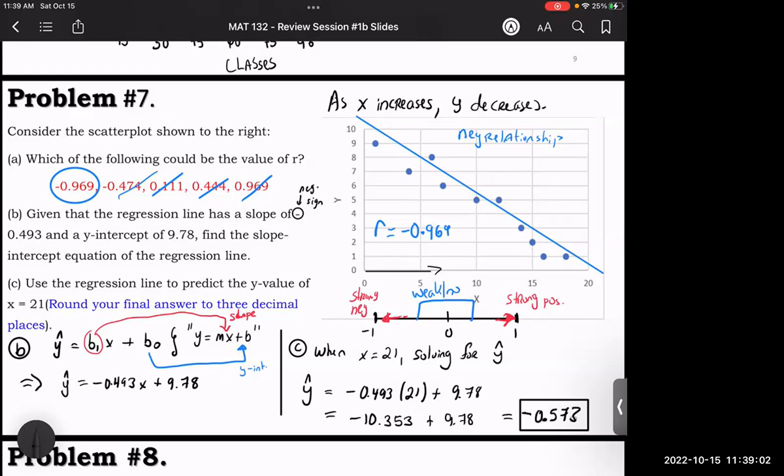But for these types of problems, it has to be something that you should recognize: strong negative, strong positive, or weak or no correlation. But if it's a weak or no correlation, it wouldn't really make sense to do a regression line problem. Just a heads up.